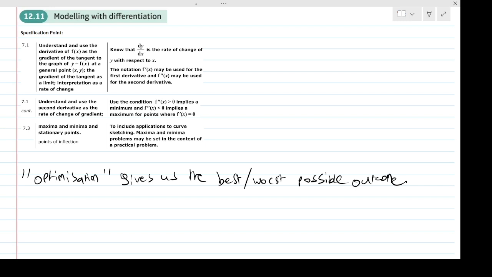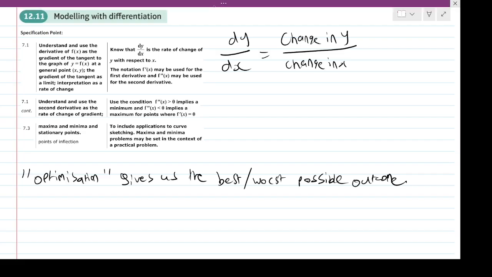And actually, if I write down my derivative dy dx, as a recap, it means changing y over changing x. It's basically to do with gradients. So dy dx, you can think of it as like a line. When we looked at first principles at the start of the chapter, we used this idea about gradients.